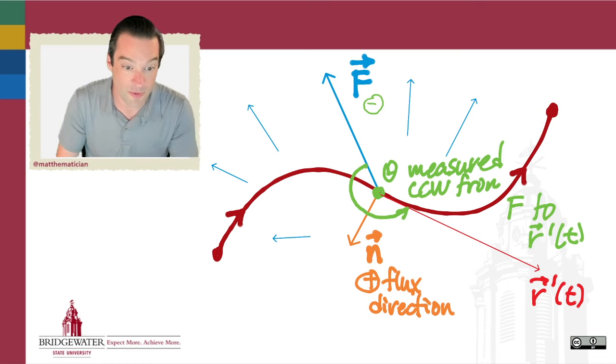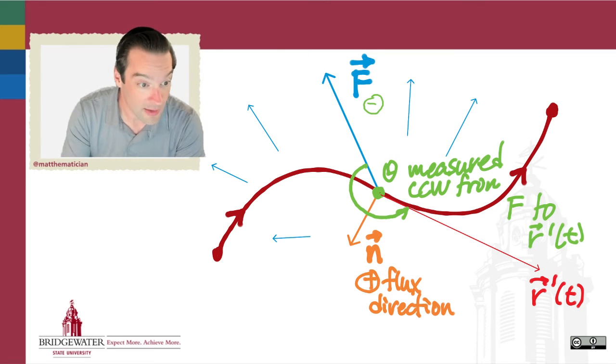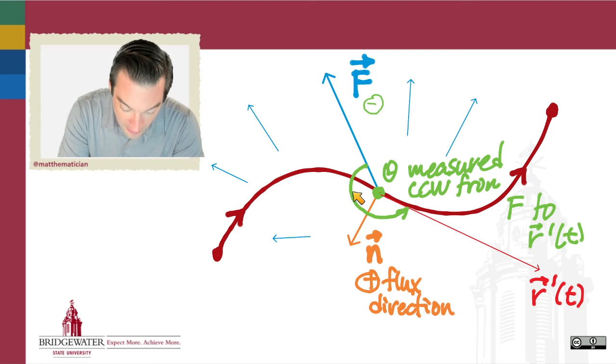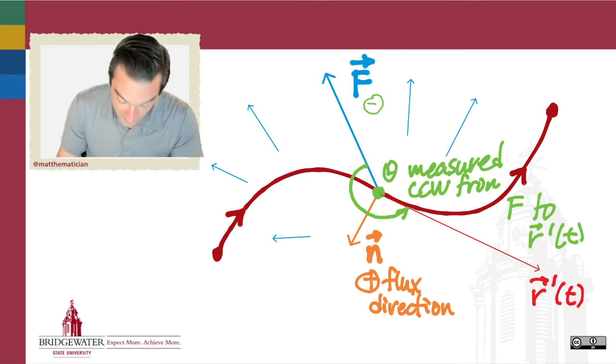If that's the convention with which we measure this angle, then having this angle be greater than 180 degrees would mean that my vector field is flowing from right to left as we go across this curve.